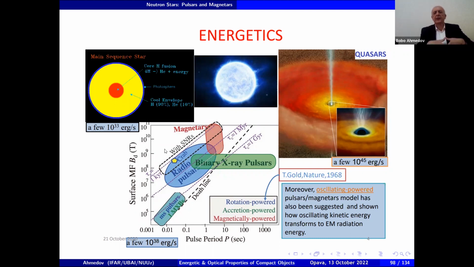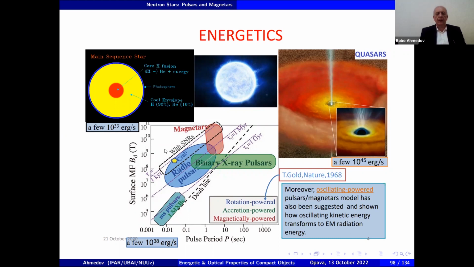The energetics of the neutron star is mainly related to the transformation of the kinetic energy of the rotation of the neutron star to electromagnetic radiation. It is so for the typical neutron star, which is observed as a radio pulsar. So some of them are rotation powered. So this neutron star we call rotation powered.